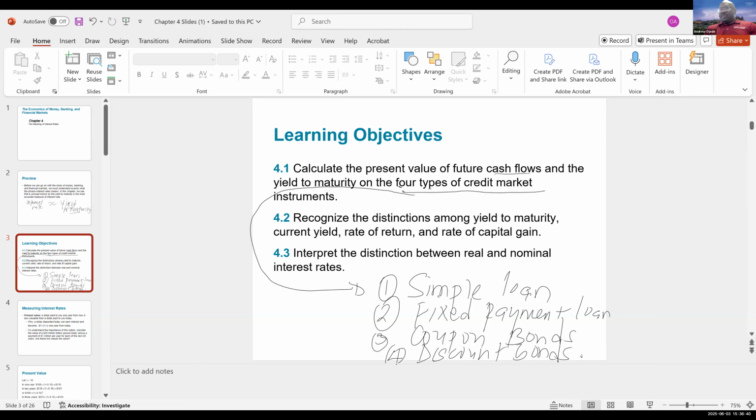A couple of years ago, I told my students that shopping for a car is not like shopping at Walmart. If it's a used car, you negotiate for the price. So it's $25,000. Maybe you're going to put 5 down, and then you finance 20,000. You take a loan to finance $20,000, so 20,000 will be the loan value, or the present value of the loan, and then you negotiate on the interest rate.